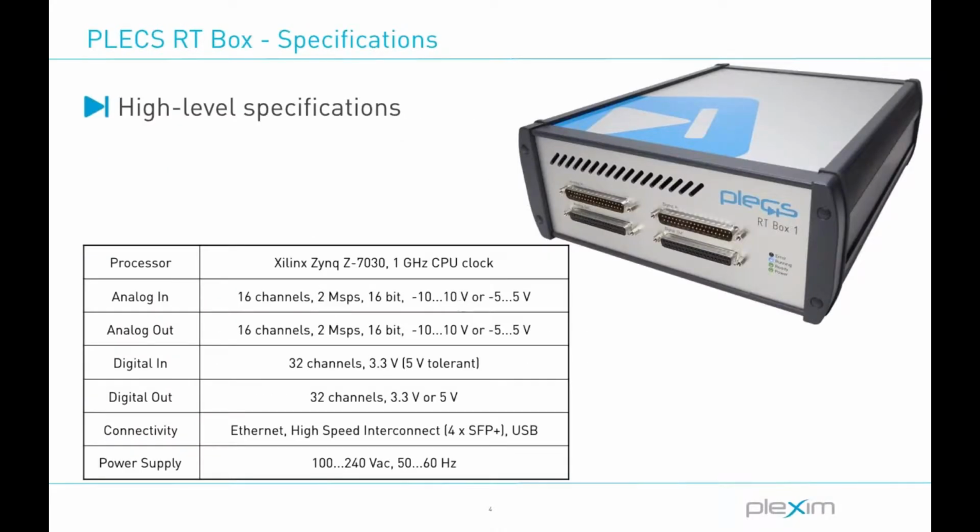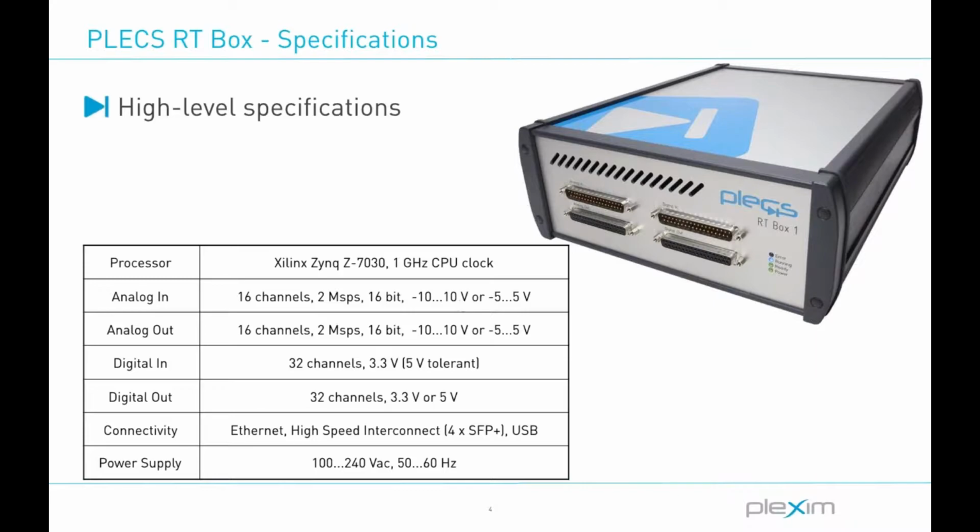The PLECS RT Box is a state-of-the-art real-time simulator, which was developed in-house here at Plexim. What differentiates it from its competition is that it is fully integrated with our simulation software PLECS, meaning that it is very flexible and user-friendly. At the heart of the RT Box is the Xilinx Zynq system-on-a-chip device, which consists of a dual-core CPU and an FPGA, and allows for ultra-low round-trip latency between the I/O channels and the CPU.